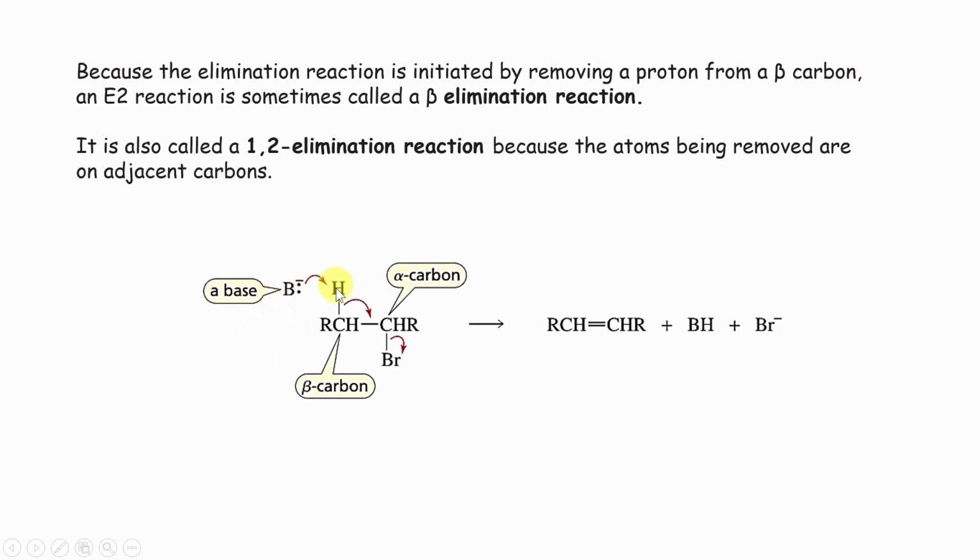The base abstracts a proton from the beta carbon atom, that is, the carbon atom adjacent to the carbon atom to which the halogen is attached. It is the alpha carbon atom, so this is beta, and from this beta carbon atom a hydrogen is abstracted by the base during the reaction. That is the mechanism.